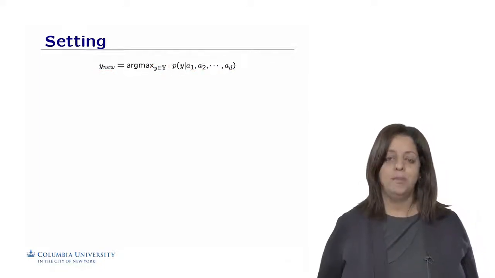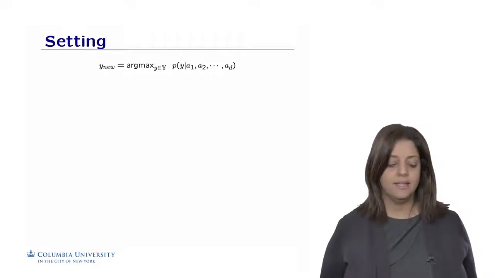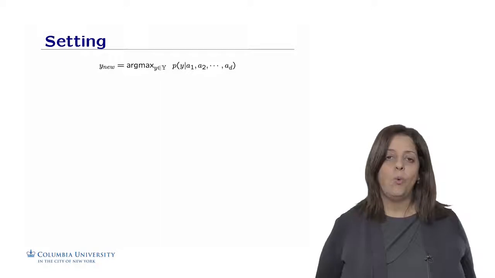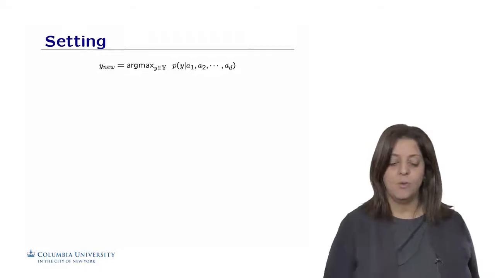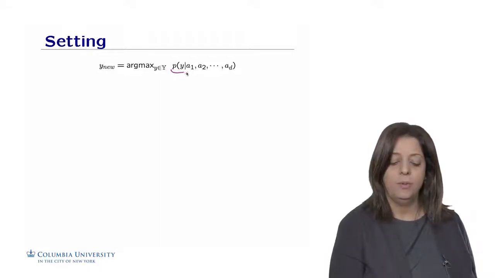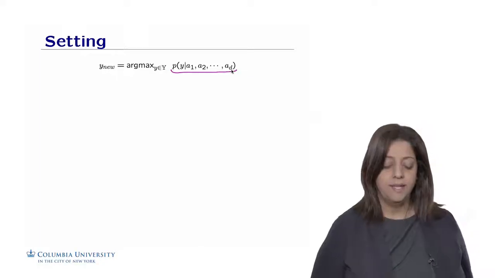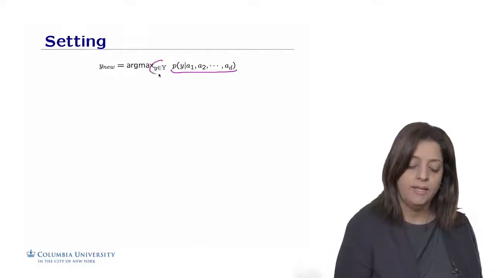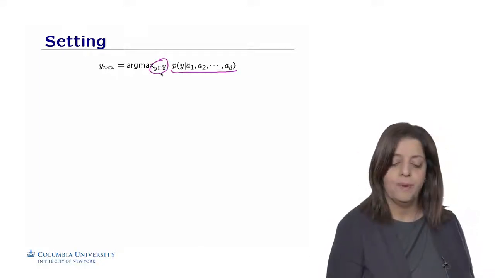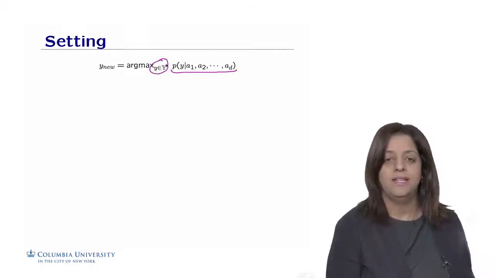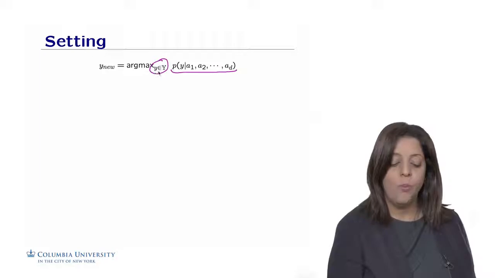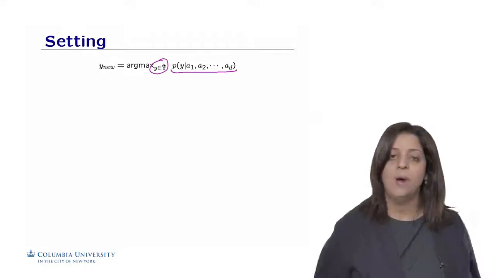We want to find the label Y for the new instance X. This label would be estimated by looking into the Y that maximizes the probability of the label Y given the data, where Y is in the set of possible labels, +1, -1, 0, 1, or even bananas and oranges, right? So what would be the Y that maximizes this quantity here?